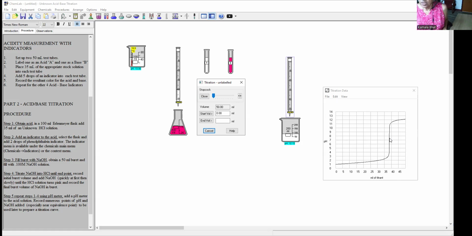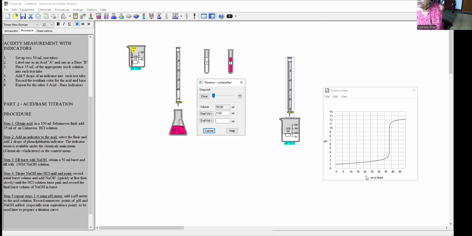If you draw a vertical line below from the midpoint of the straight line, you get the volume required for the neutralization point. And so once you get the volume, you know the mLs of the titrant added, you know the molarity of the titrant that was used, and you already know the volume of the acid taken.